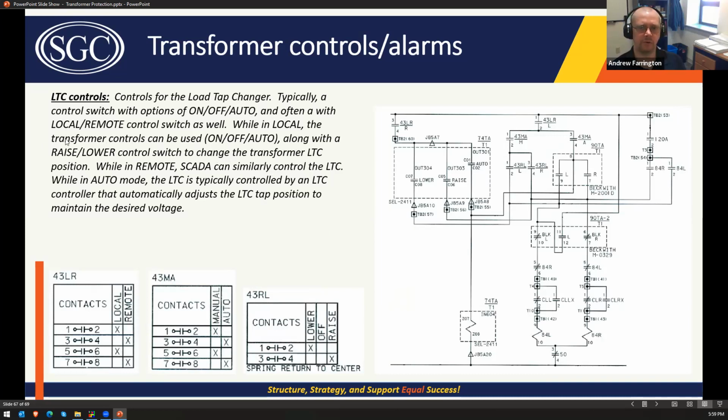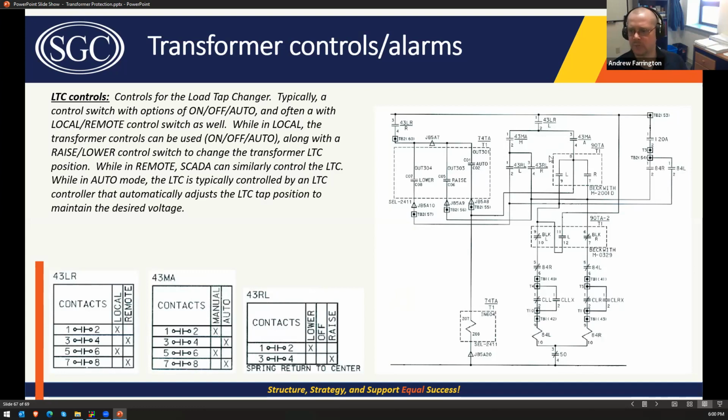You'll also often have a remote or local control switch so that dispatch can control the voltage if they want. If you have a local control switch, that'll be paired with a raise and lower control switch, so you can actually move it up and down. Sometimes it's incorporated into the LTC controls themselves. Sometimes it's on a panel that is near the controls.